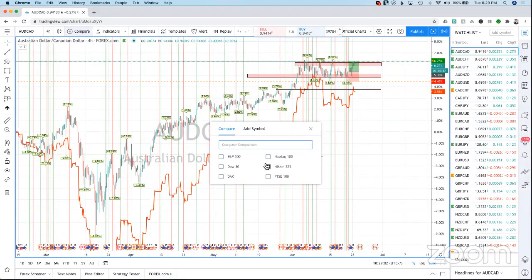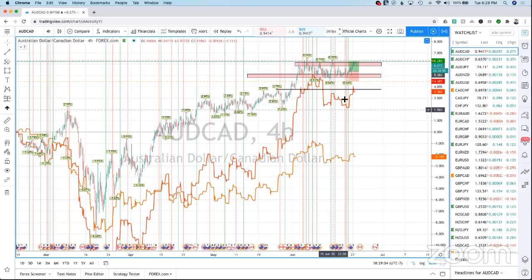Yeah. So right here, you add this, and you can see that the red line, which is the Australian dollar, if it's moving up, this means that the Australian dollar is strong. If the orange line right here is moving down, this means that the Canadian dollar is weaker. So as long as they're going that direction, you can see right here, this is where they split. This is where the Australian dollar went up, and this is where the CAD went down.